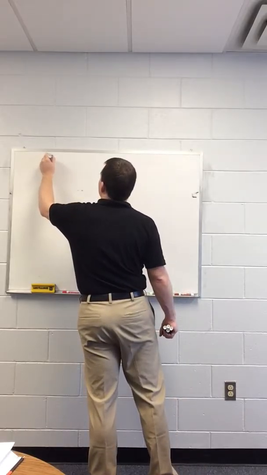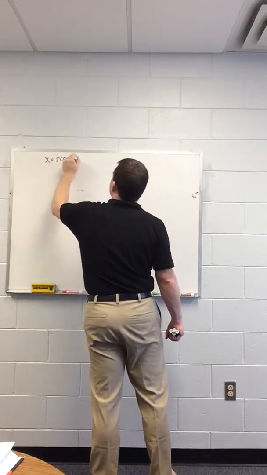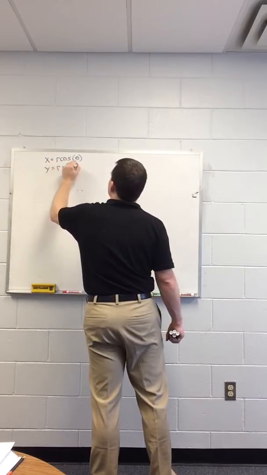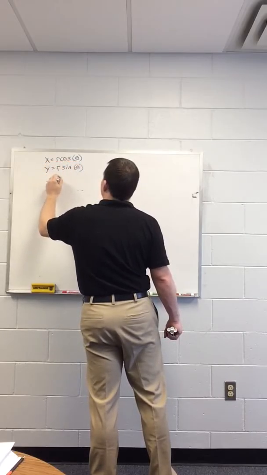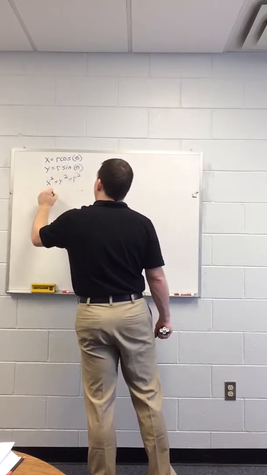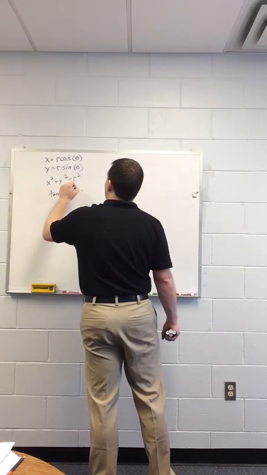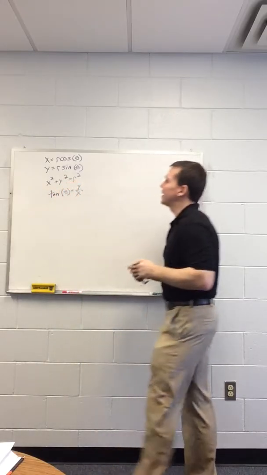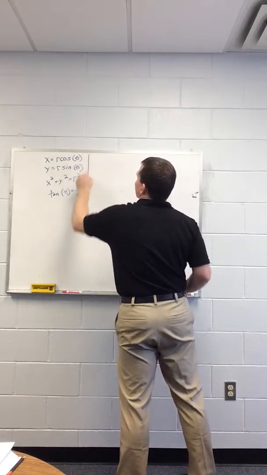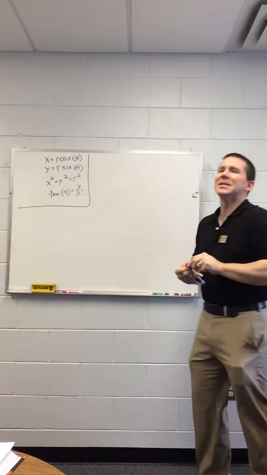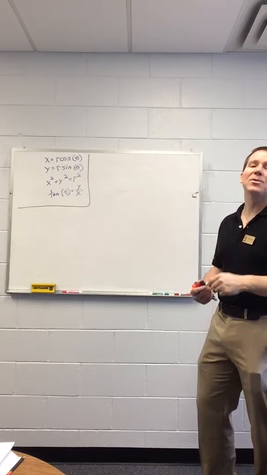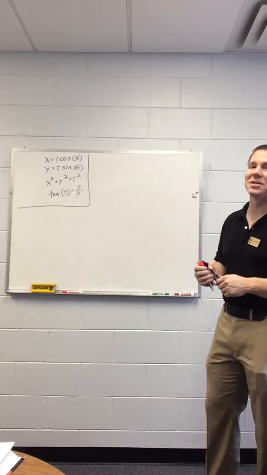And the equations are x equals r cosine theta, y equals r sine theta, the Pythagorean theorem, x squared plus y squared equals r squared, and then we had tan theta equals opposite y over adjacent x. And these are really important. And we'll use them both in this section and on this exam, as well as in a lot of the stuff we do throughout the rest of the semester. So we want to make sure we understand these.